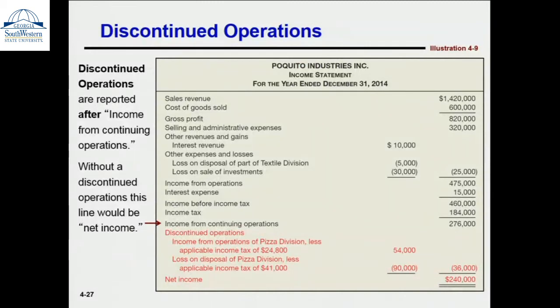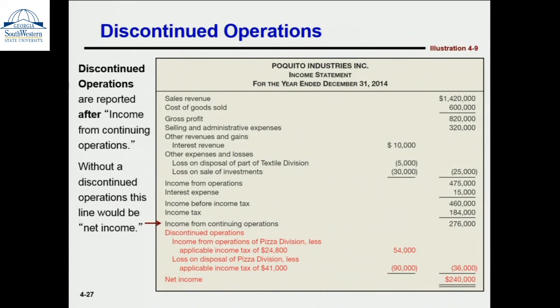Now, let's just say that this number right here was also 24,800. But let's think about what is the tax effect of when you lose money on a division. First off, I'm just going to say that this number up here would also be 78,800, okay? But it's a loss.